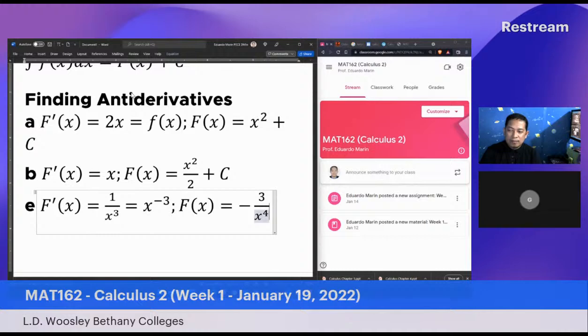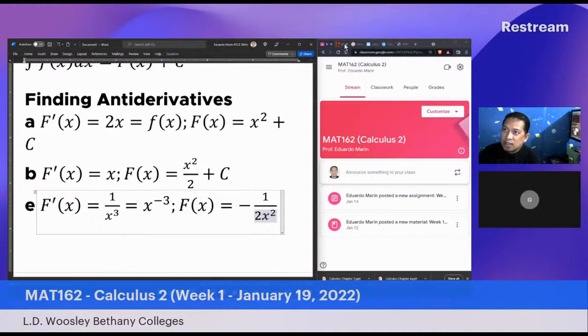Minus 1, minus 2. Ano po, sir? Negative 1 over 2x squared. 2 or 3? 2 po. 2x squared po. Yung denominator. Okay. Okay yan.